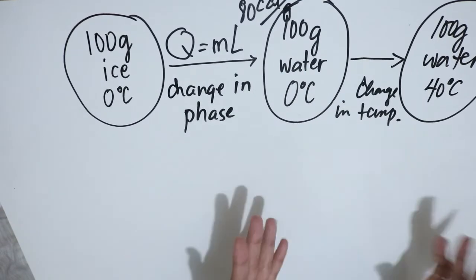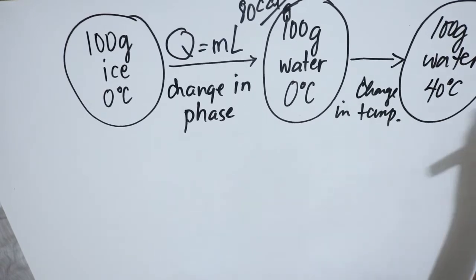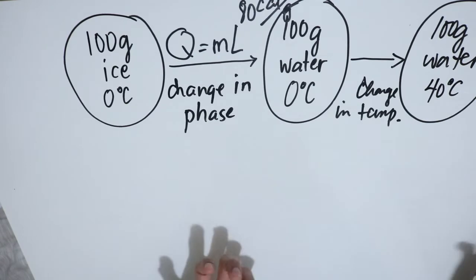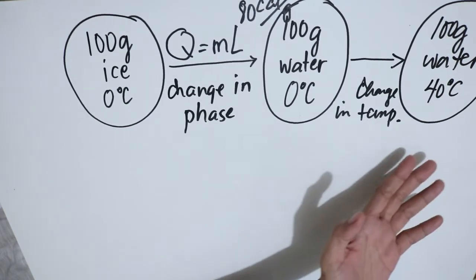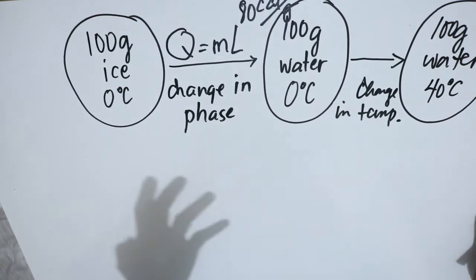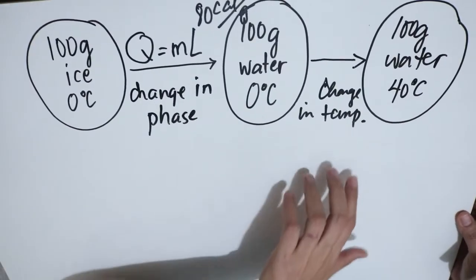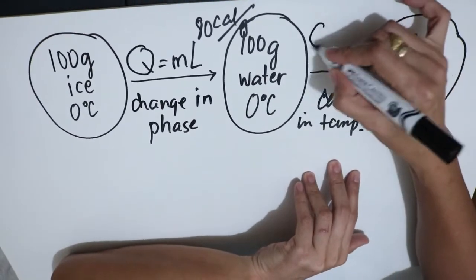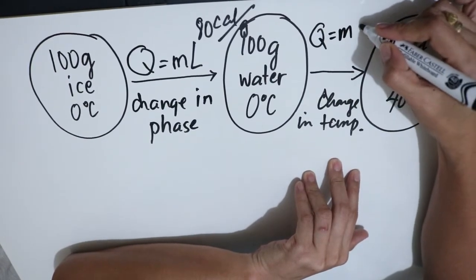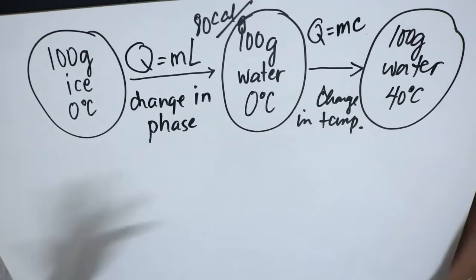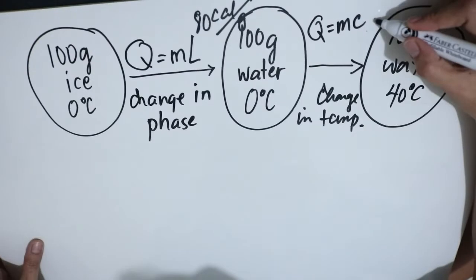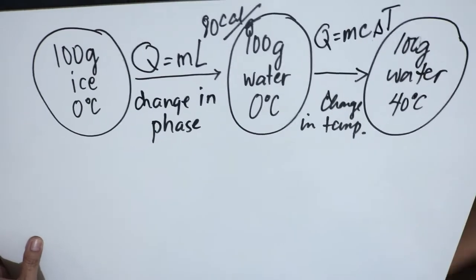It doesn't change phase, but instead it changes the temperature, from 0 up to 40 degrees Celsius. When there is a change in temperature, we use Q equals the mass times the specific heat of water times the change in temperature.